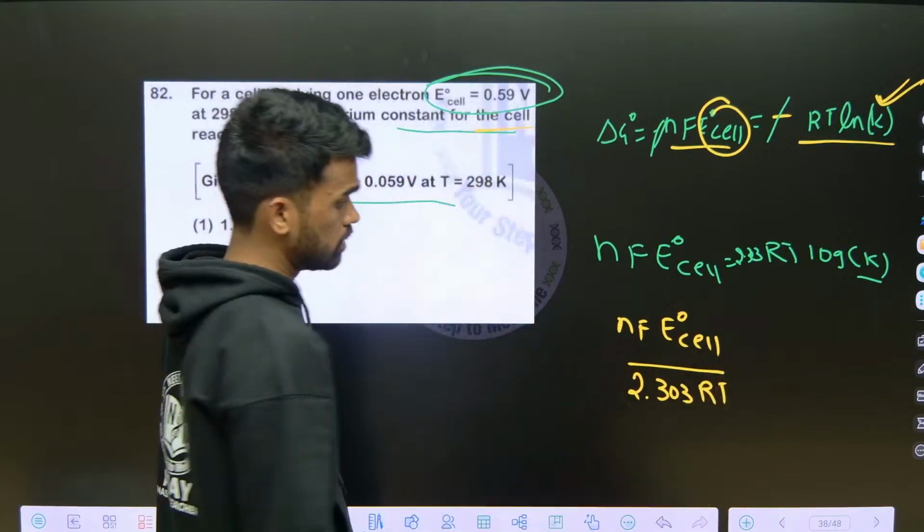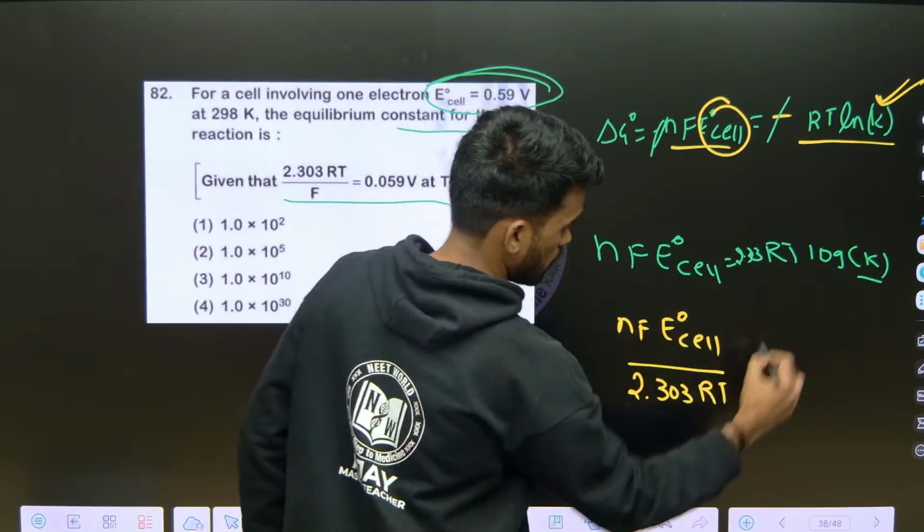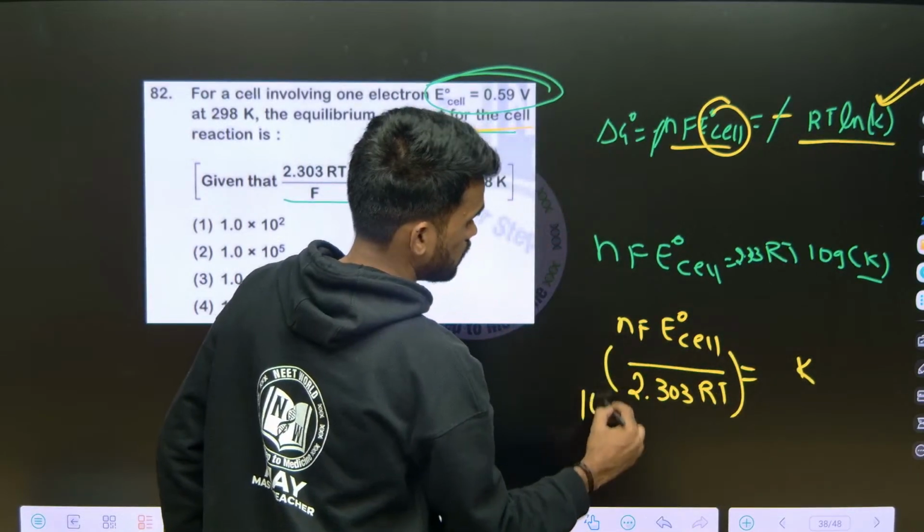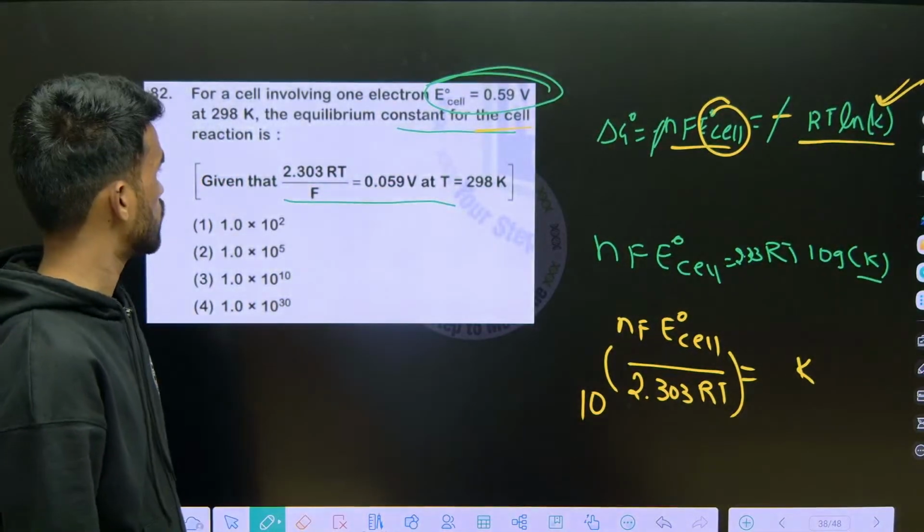So K equals 10 to the power of this. This is the equation you can use.